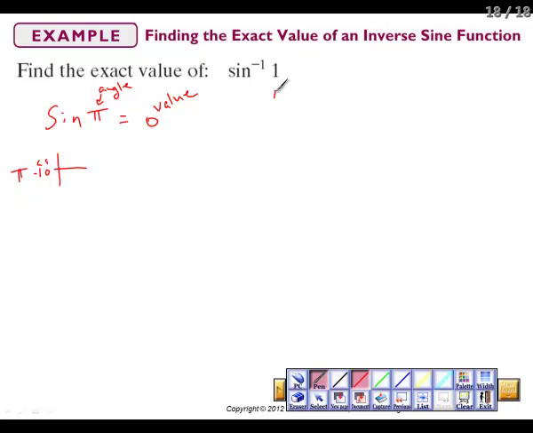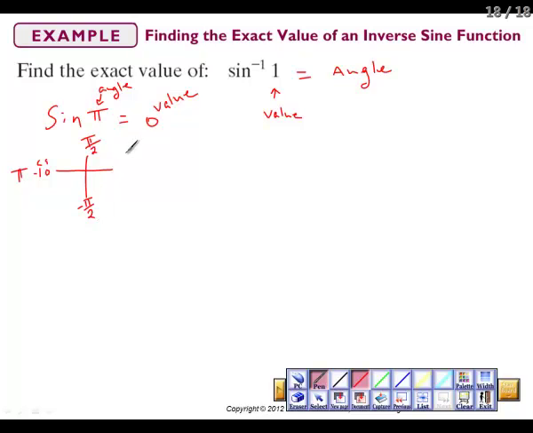Alright, so for the inverse, we're given the value and we're trying to find the angle. So we look at our unit circle to see where inverse sine is going to be at 1. Well, we have to stick with our domain from pi over 2 to -pi over 2.